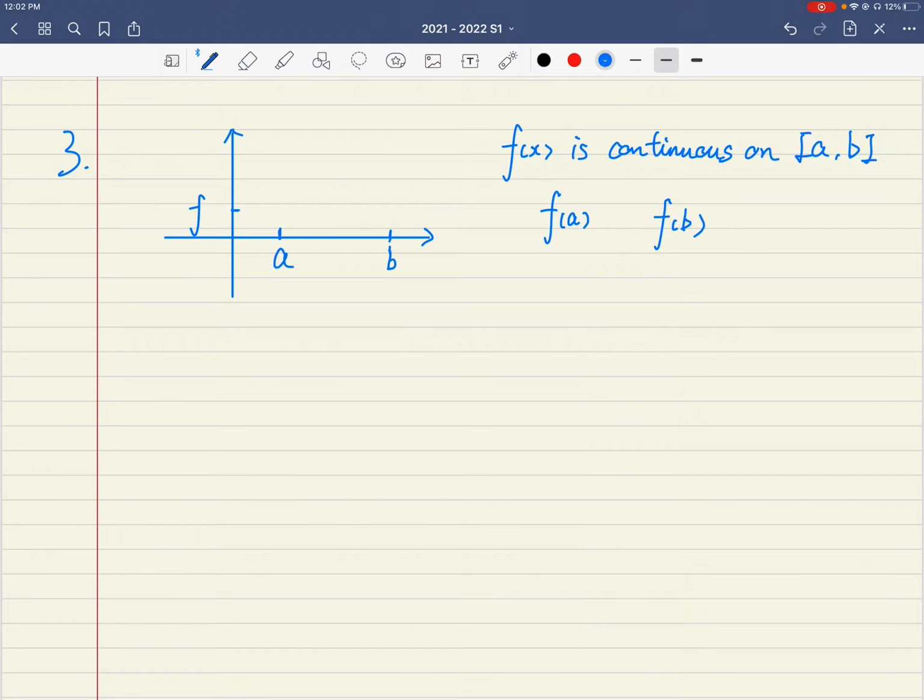On a graph, it will look like this. Here is the starting point of the function, and f(B) is the value here, so this will be the endpoint.